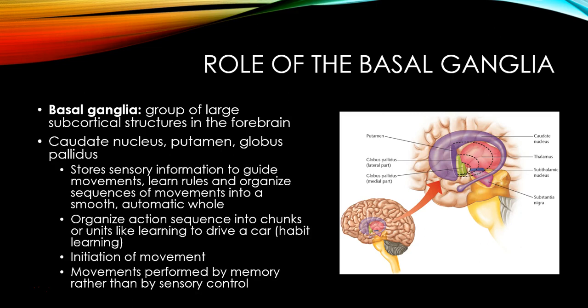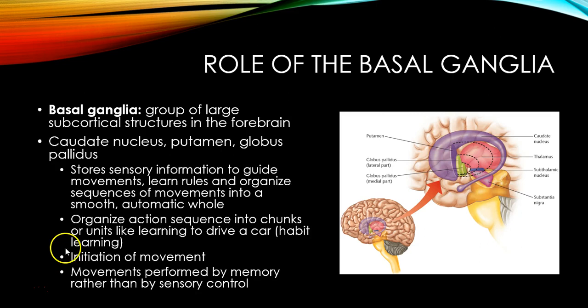Basal ganglia are another group of subcortical structures that are important for movement. The basal ganglia consist of the caudate nucleus, the putamen, and the globus pallidus. They store sensory information that guides your movements and help you learn rules and organize sequences of movements into a smooth, automatic whole.